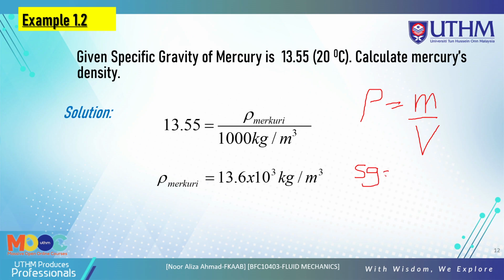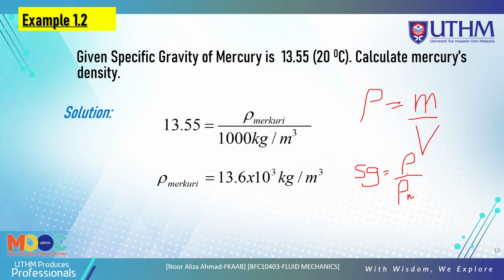Okay, in the next slide, I will explain more. So we know that the specific gravity is also the density of fluid divided by the density of water. Okay, the fluid here is mercury, so you use this equation.